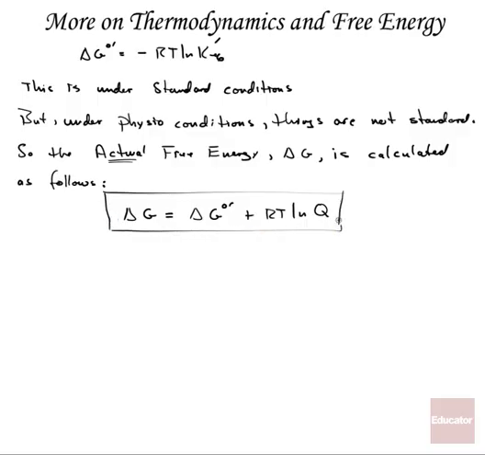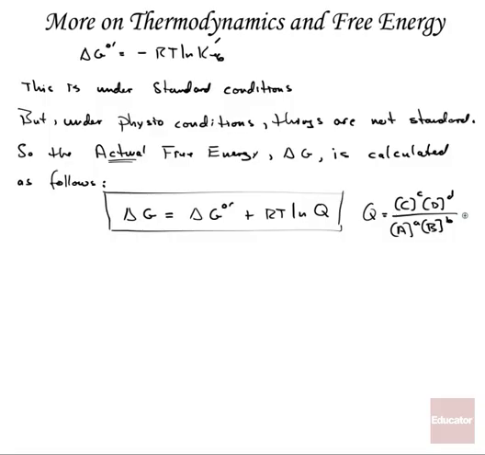Now Q is exactly the same expression as KEQ, except it has concentrations not at equilibrium, but at any given moment, 3 hours from now, 30 seconds from now, at the particular moment. So it is going to be C raised to the C power, D raised to the D power, over A raised to the A power and B raised to the B power, but at any given time, not at equilibrium.